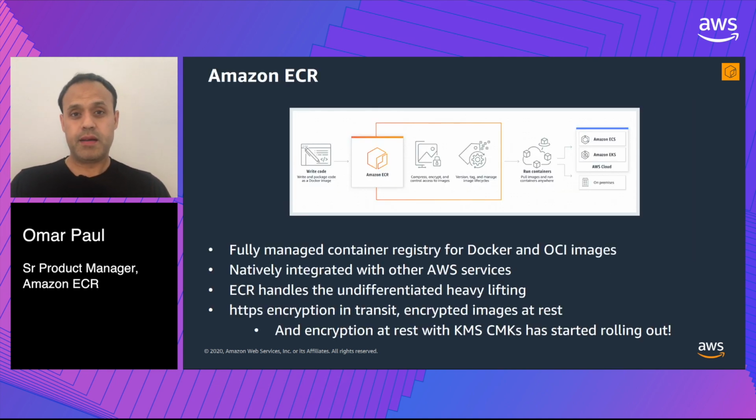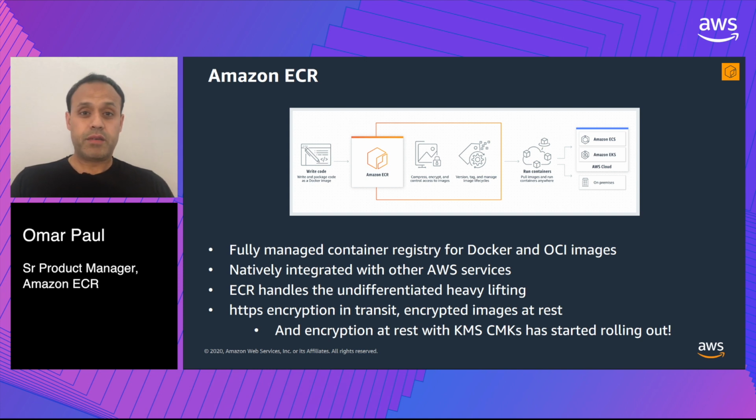So what is ECR? ECR is a managed registry service. Right? We work hard to make it easy for developers to store, manage, and deploy OCI and Docker container images in the cloud. We have our own API, and we also support the familiar Docker CLI, for example, Docker push and Docker pull and the like.